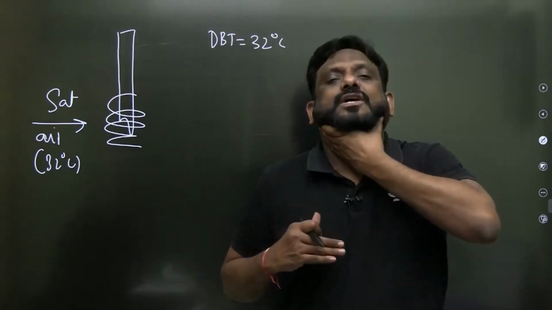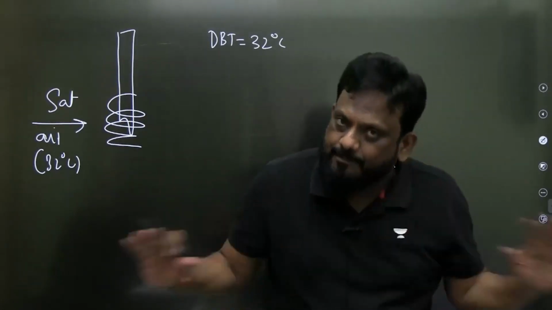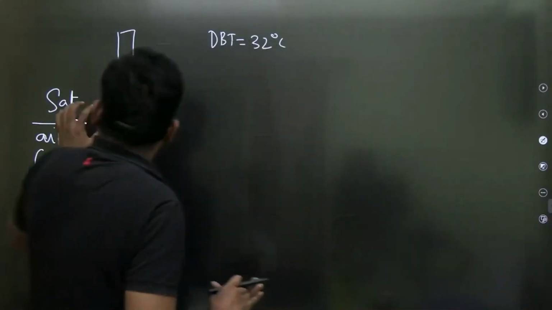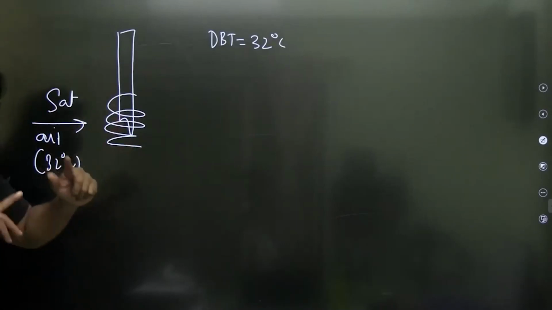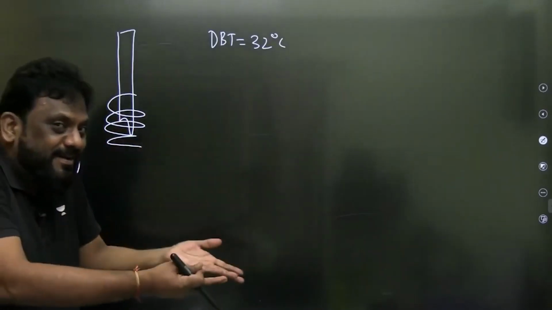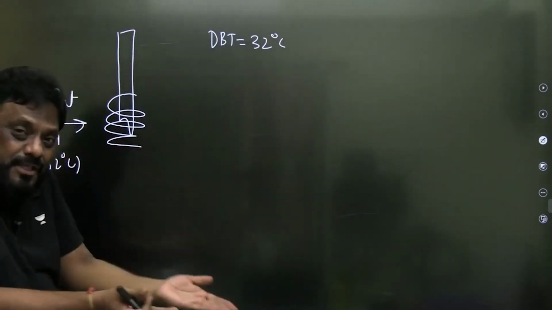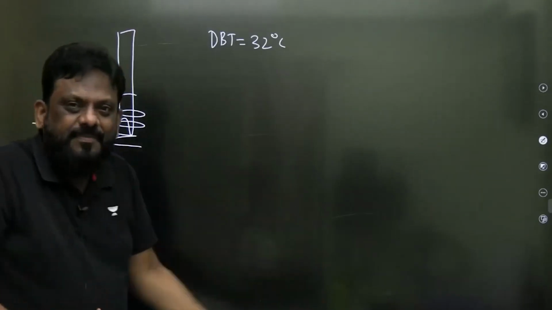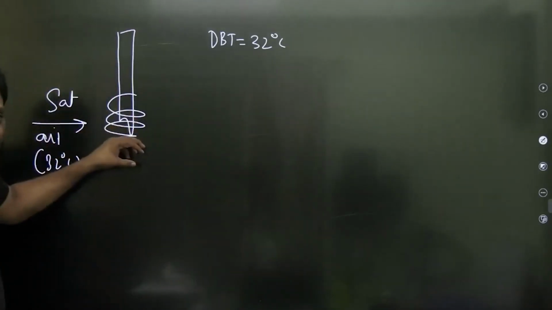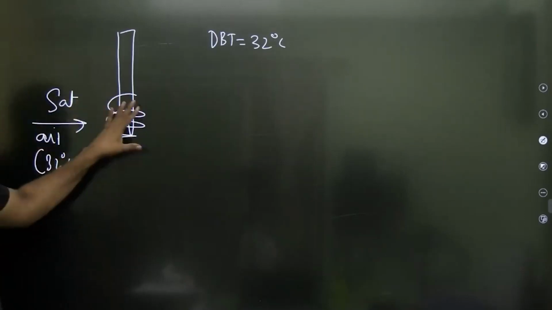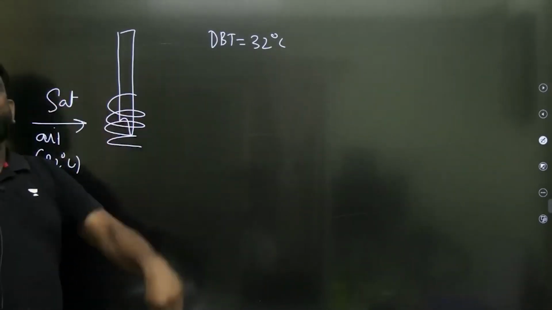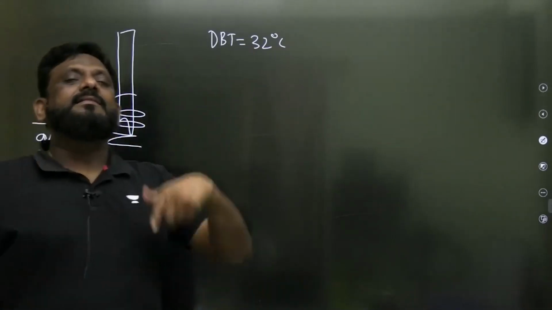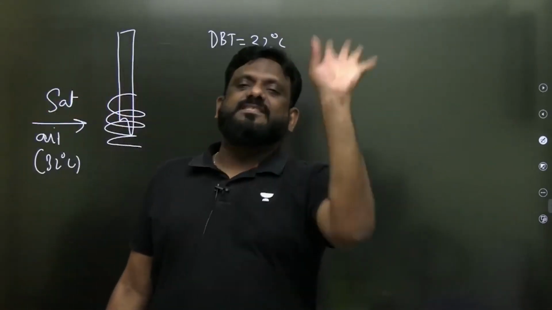When it is up to saturation, will it absorb? It will not absorb. When it is not absorbing any more moisture, there is no need for my air to give heat. In the previous case, why was it losing heat? Because it has to gain moisture. So in the process of gaining moisture, it is losing heat. So when it is not losing heat, it is not gaining any moisture, automatically there is an equilibrium. Automatically there will not be any drop in the temperature. When there is no drop in the temperature, the dry bulb and wet bulb are absolutely the same.